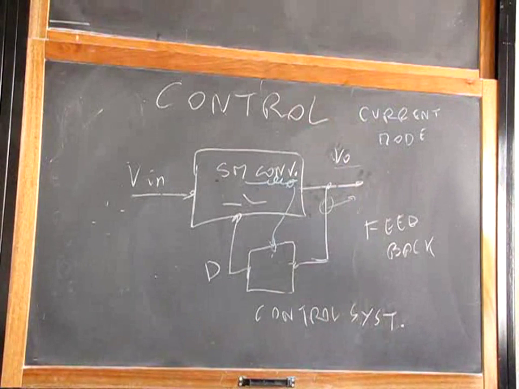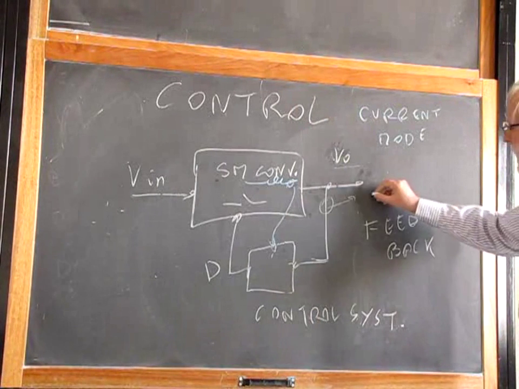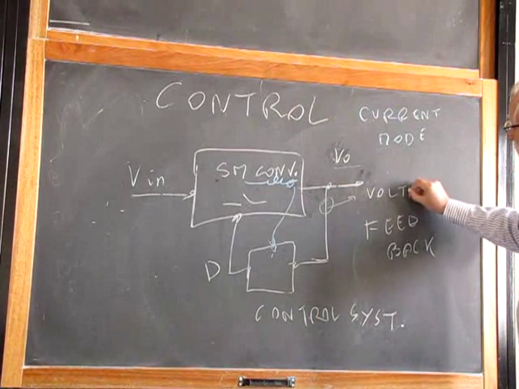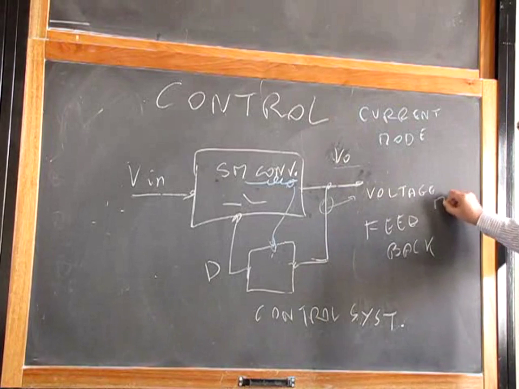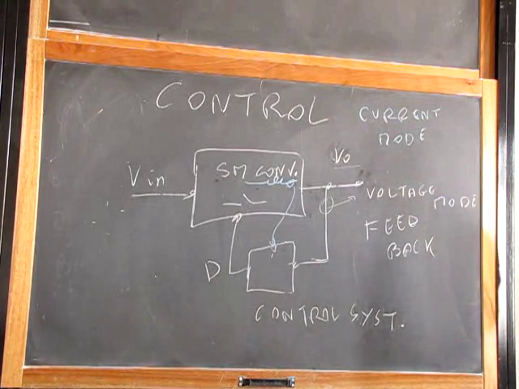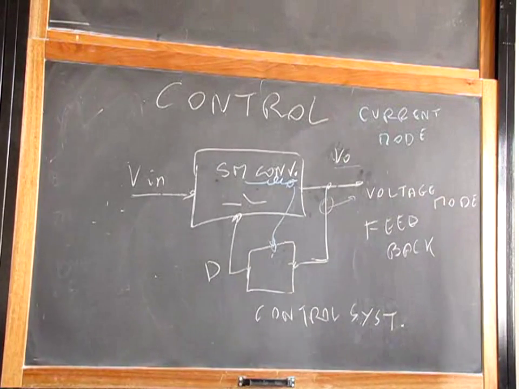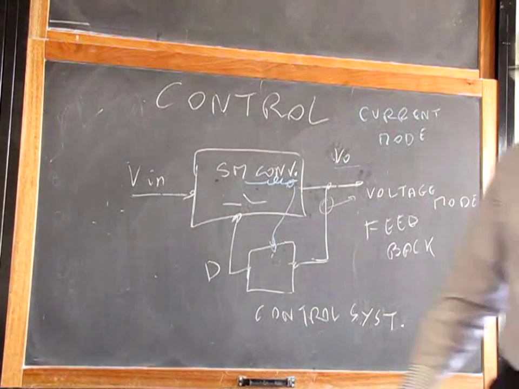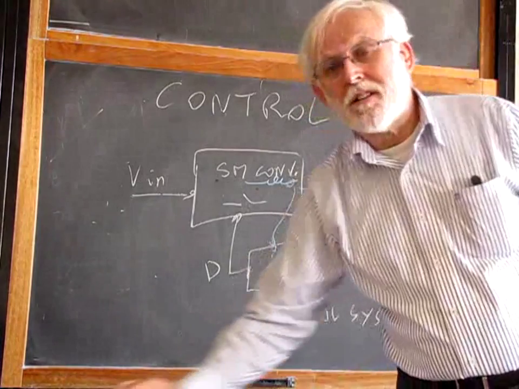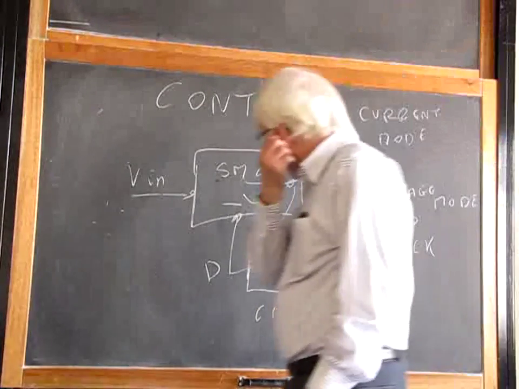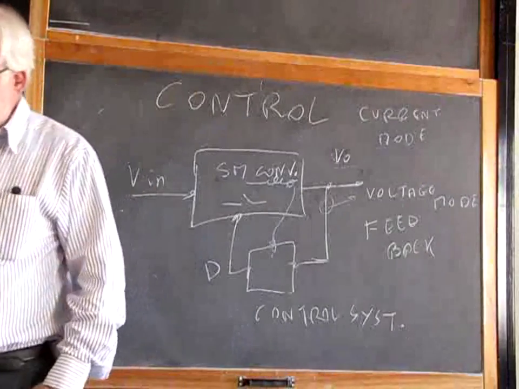If we only sample the output voltage, we call it voltage mode control. Voltage mode and current mode will be the two techniques we will analyze in great detail in this class. There is more. And the idea is this one.